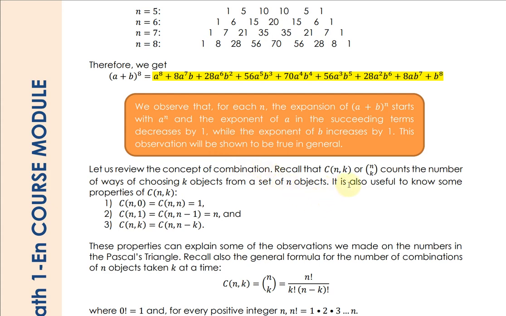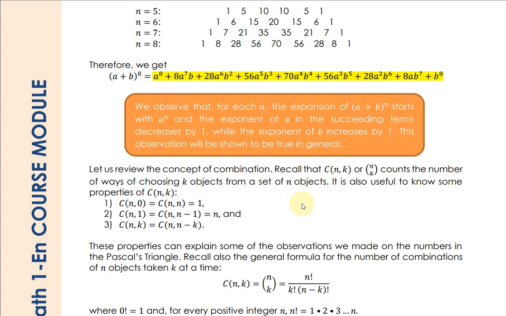So, it is useful to know some of the properties of combination. So, we have n combination of k. If our k, or the number of objects, is equal to 0, so you choose nothing, then the combination of n is simply equal to 1. If it is n combination of 1, or n combination of n minus 1, then the result is simply equal to n.